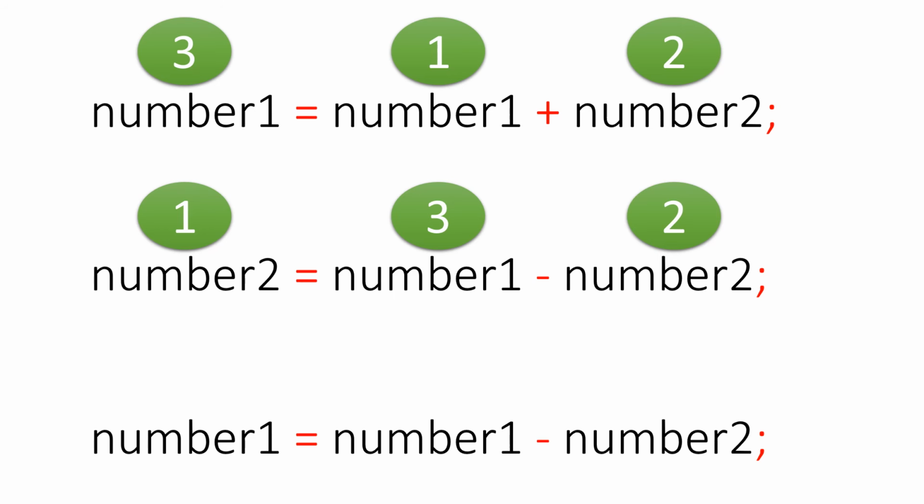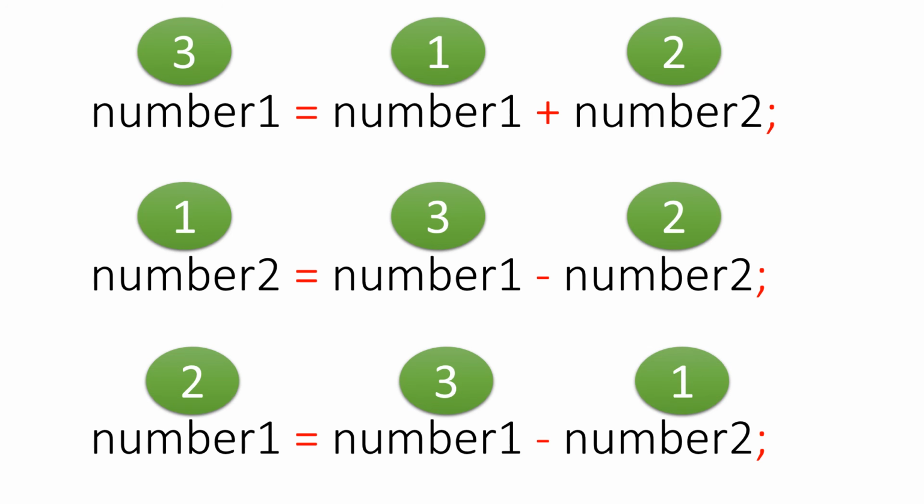Then in the third statement or instruction, we took number 1 again, and this swapped value of number 2 we subtracted from number 1. So 3 minus 1 will become 2.